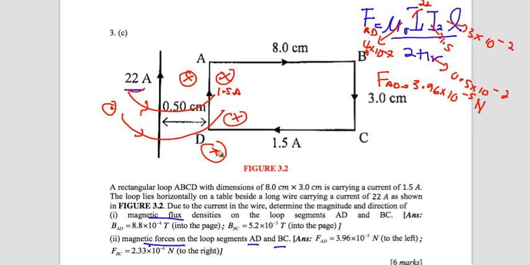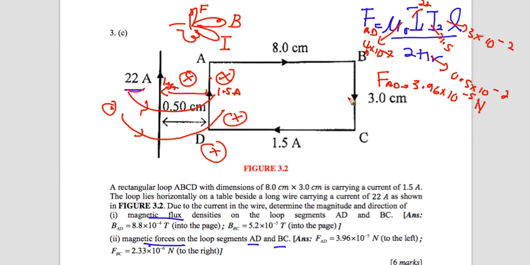So you can use the left hand: the thumb is the direction of the force, the first finger is the direction of B, and the second finger is the direction of the current I. The direction of I is upward and B is into the page, so the direction of the force is to the left.